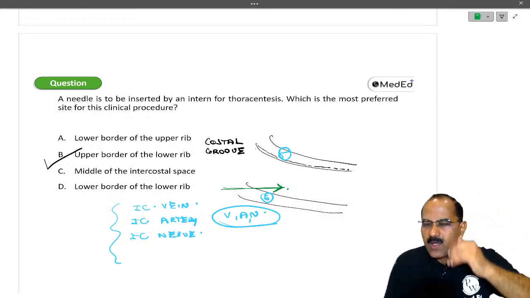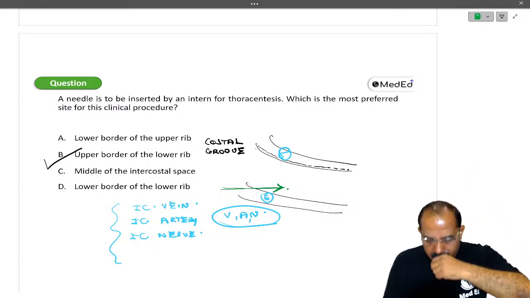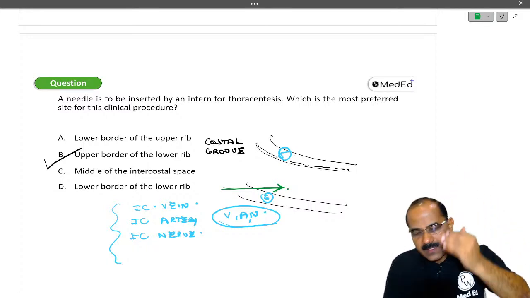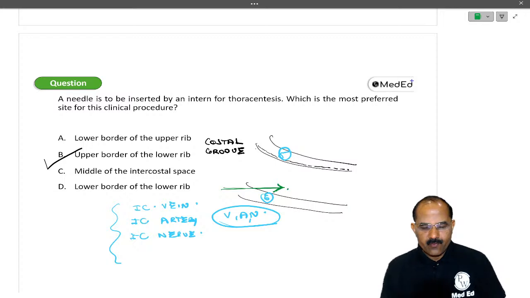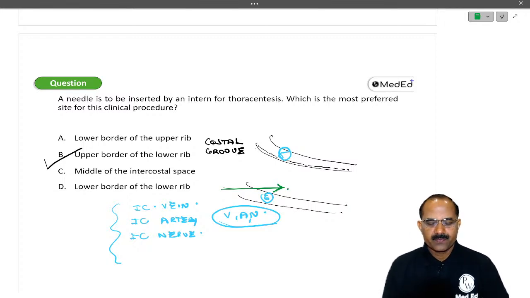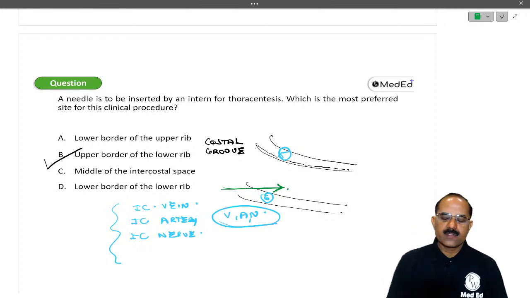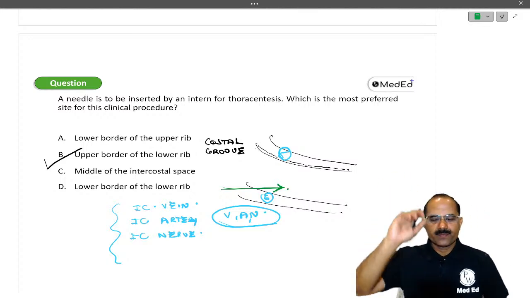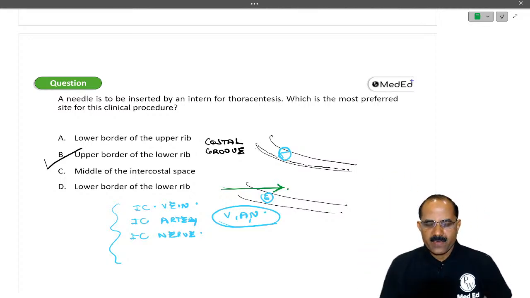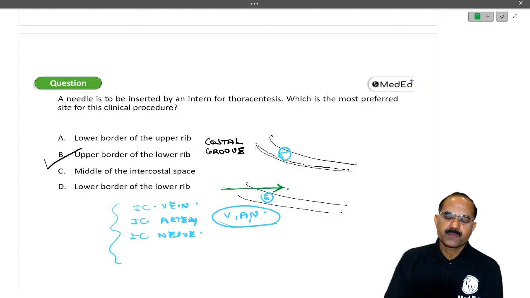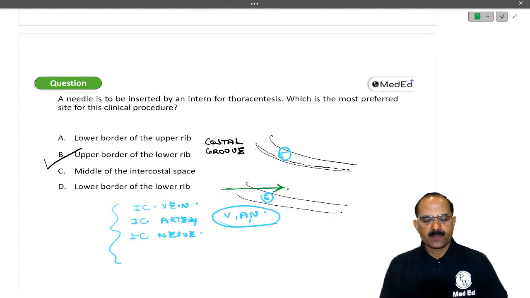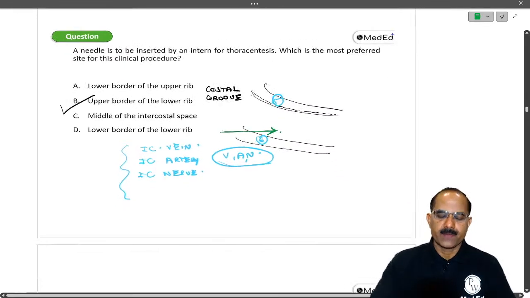What is lying in the costal groove? Intercostal vein, artery, nerve. They lie in the costal groove. So answer is upper border of the lower rib. Is this clear to all of you? Clear? Okay, fine. Very good.